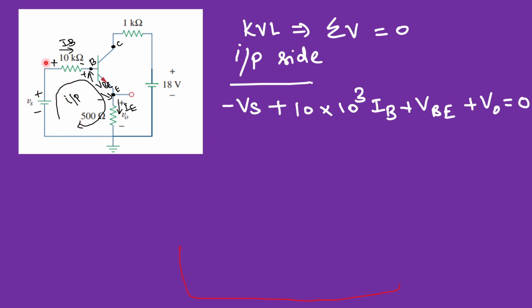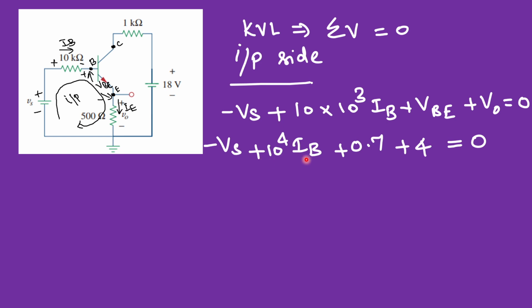So it is minus Vs plus 10 kilo ohm, right? So 10 power 3, that IB current is flowing. This is Ohm's law, I R. Okay, R is 10 into 10 power 3. I is IB, base current, plus this VBE, and then plus this V naught, that is equal to 0.